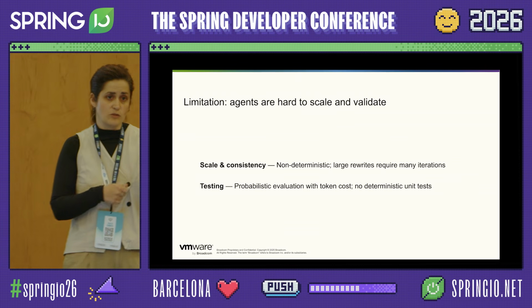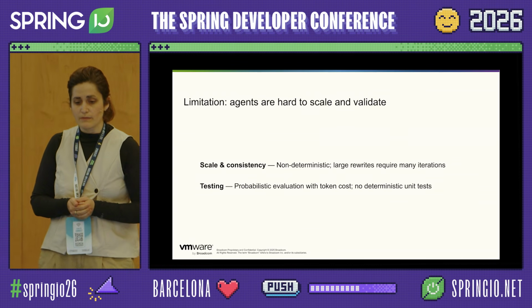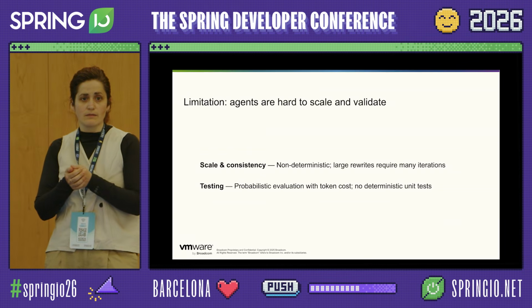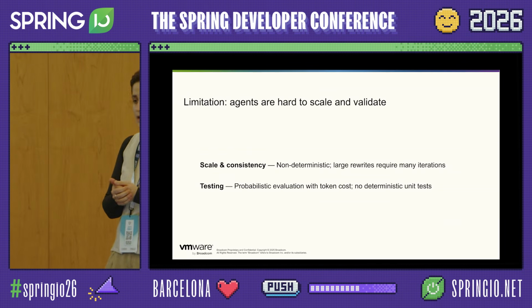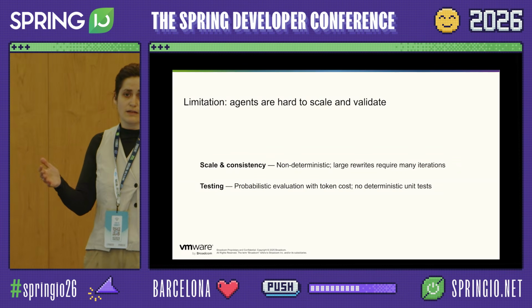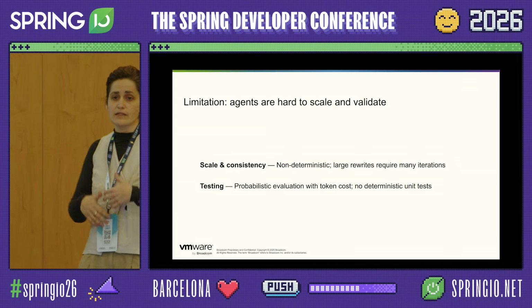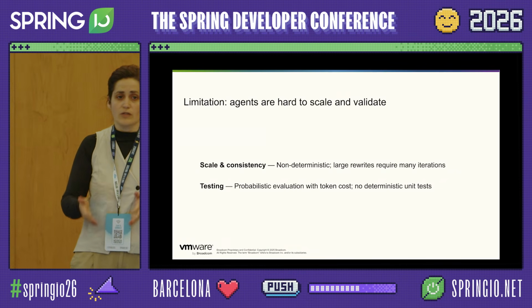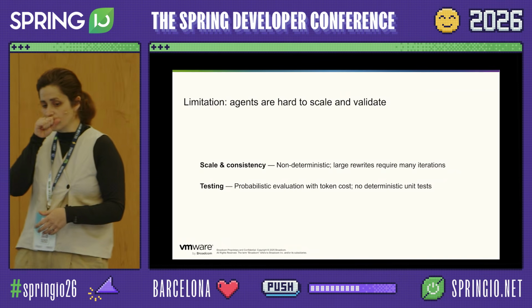Finally, just to push again about the testing part, how do you test your non-deterministic parts? Of course, there are evals. There is a way to create evals and evaluate if your skills and your agent are using the tools that you have created properly.